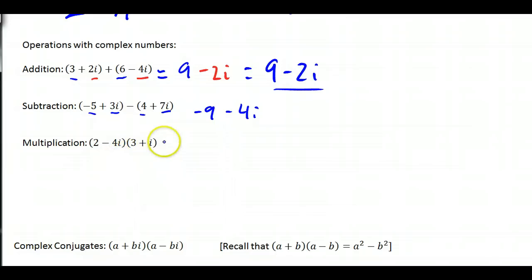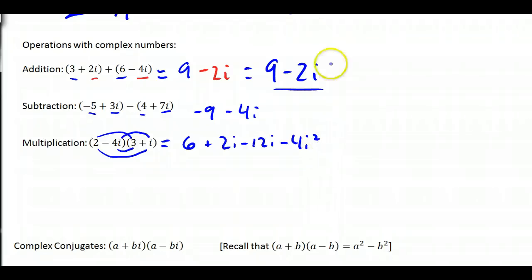Multiplication is a little bit more complex, to coin a phrase. We're going to do FOIL on this. So I'm going to multiply my first terms together. So I'm going to get 6. I'm going to do my outside terms, 2i, do the inside terms, and finally do the last terms.